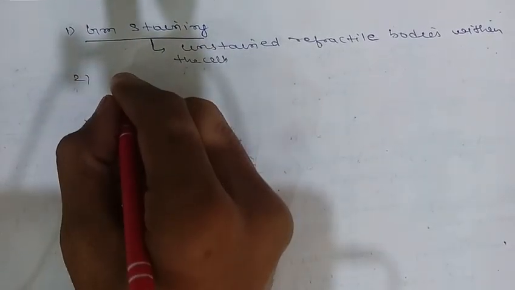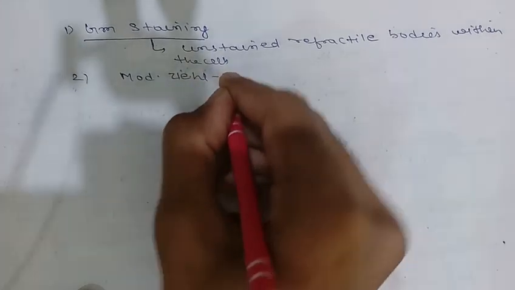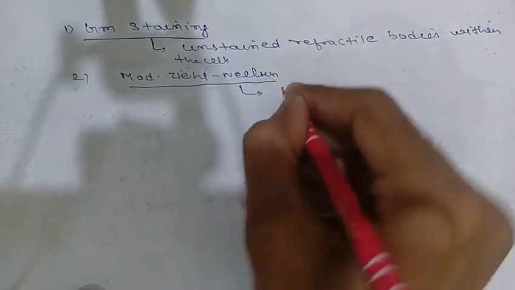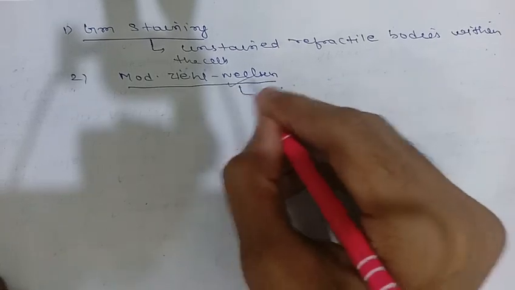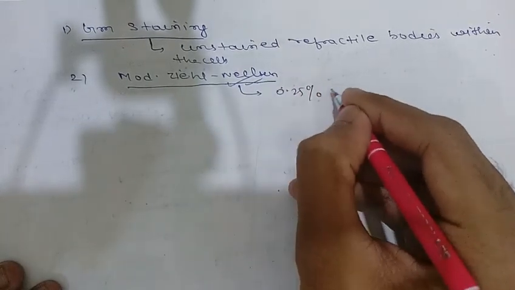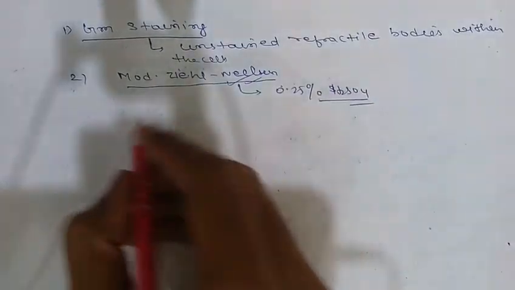Now the second method to demonstrate is the modified Ziehl-Neelsen staining. In this, as you know, spores are weakly acid fast and appear red when ZN staining is performed using 0.25% sulfuric acid as decolorizer. Clear?